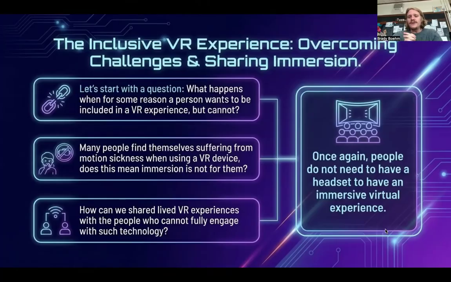So our question that we started with was what happens if for some reason a person wants to be included in a VR experience, but they cannot. Once again, my reminder is that people do not need to have a headset to have an immersive virtual experience. We should be asking the question, should powerful experiences like VR only be available to people with certain devices or physical comfort levels?